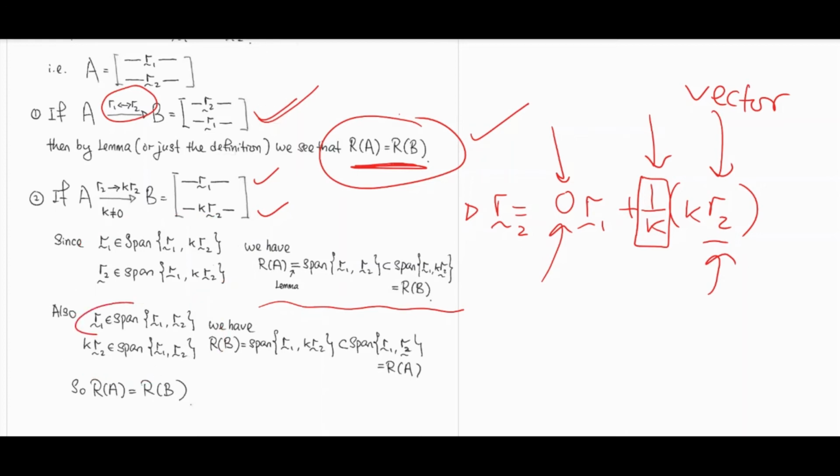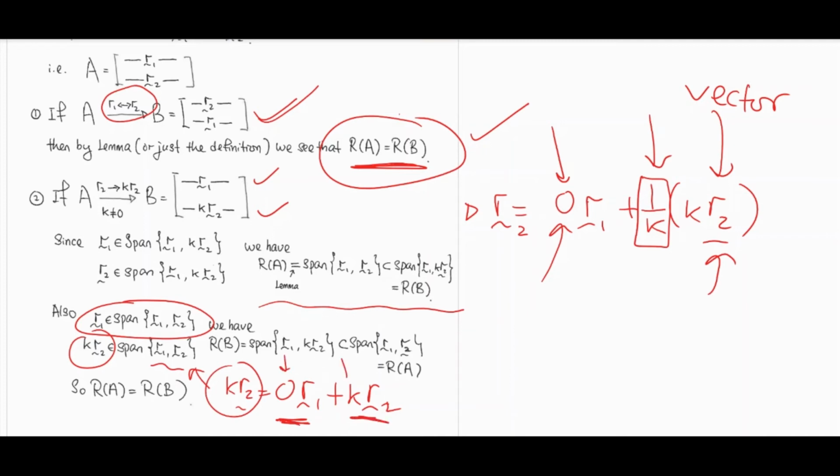Again, this is trivial. Row 1 is an element in the span of row 1 and row 2, and K row 2 here is also an element in the span of row 1 and row 2, because KR2 is 0 of R1 plus K of R2. So this is the scalar, this is the scalar.